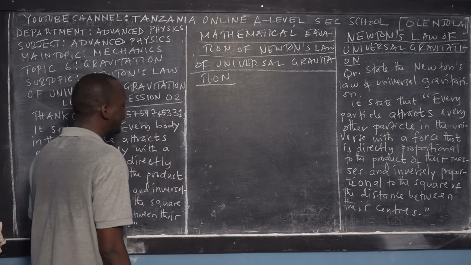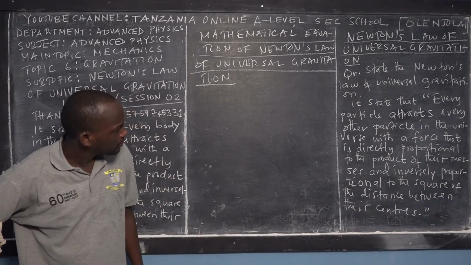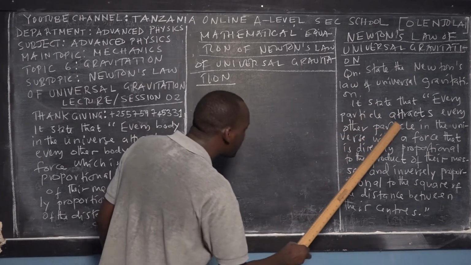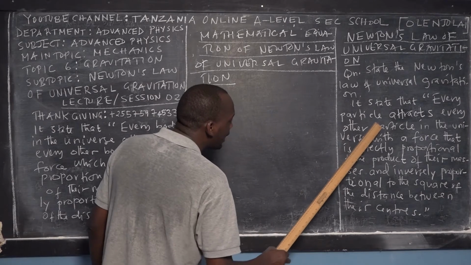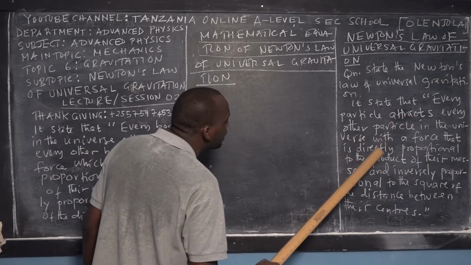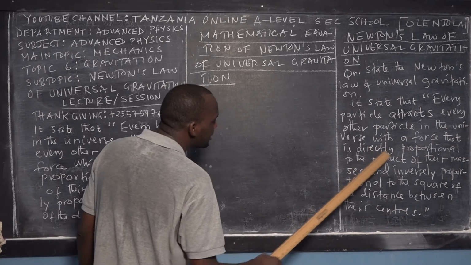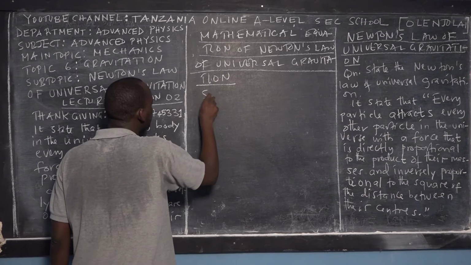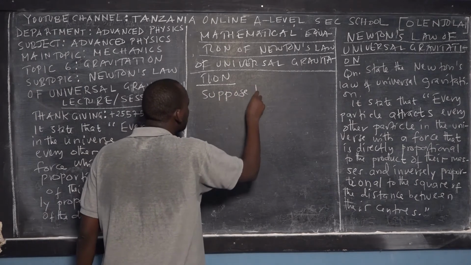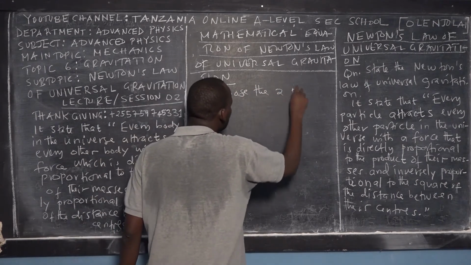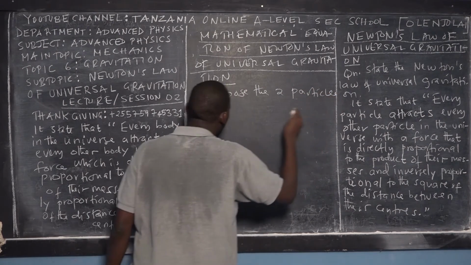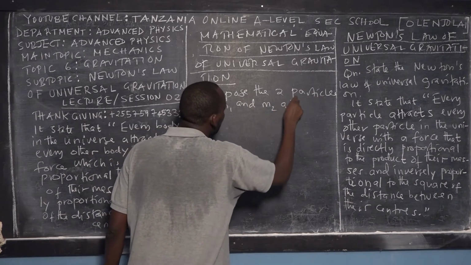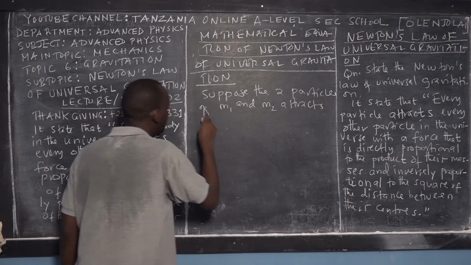Okay? So we say that from Newton's law of universal gravitation, every particle attracts every other particle with a force that is proportional to the product of their masses. So suppose the two particles of mass 1 and mass 2 attract each other.